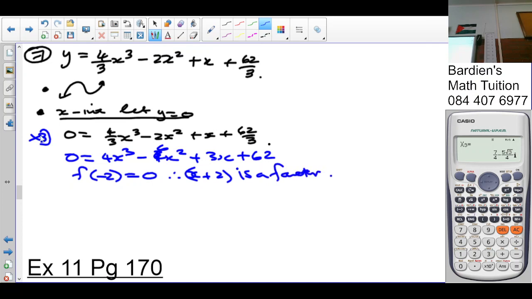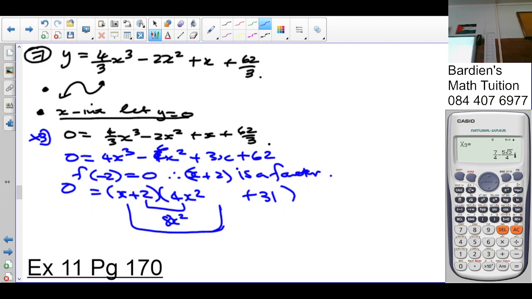Okay. So that's going to give you x plus 2 into 4x cubed. x multiplied by what is 4x cubed? 4x squared. 2 times what is 62? 31. So that gives us 8x squared.